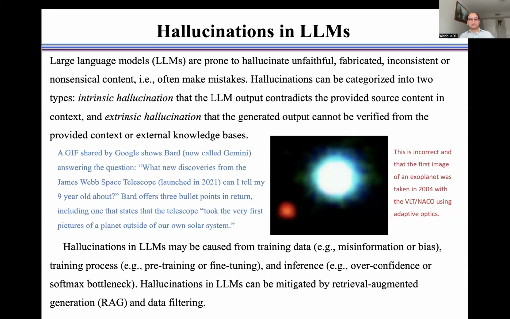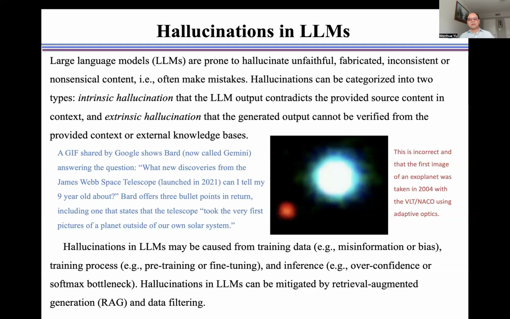Bard offers 3 bullet points in return, including one that states that the telescope took the very first pictures of a planet outside of our own solar system, as shown here. This is incorrect, and the first image of an exoplanet was taken in 2004 with the VLT NACO using adaptive optics.